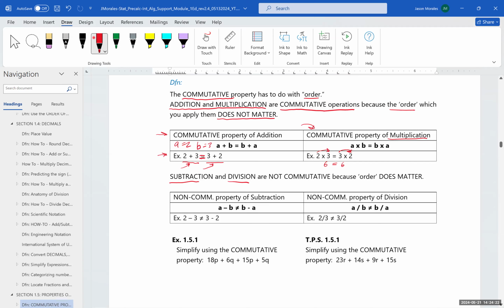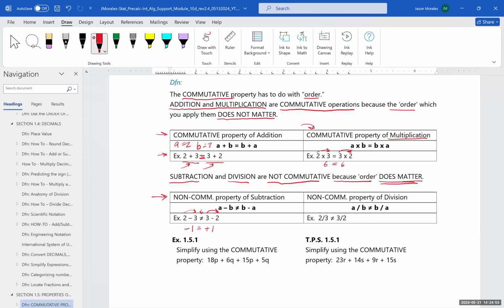Subtraction and division, however, are not commutative because the order in which you subtract or the order in which you divide does matter. So here's an example of the non-commutative property of subtraction. 2 minus 3 is not the same as 3 minus 2, because 2 minus 3 is -1 and 3 minus 2 is +1.